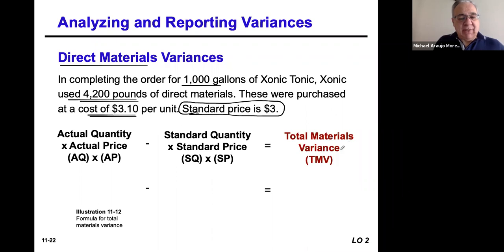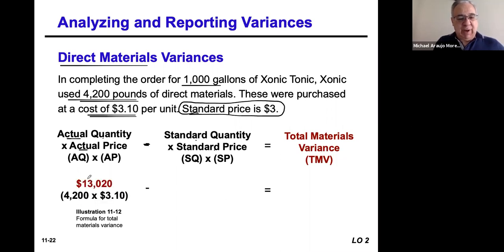So what's the variance? Well, the variance is going to be the actual quantity times the actual price minus the standard quantity times the standard price. That's going to be your difference.